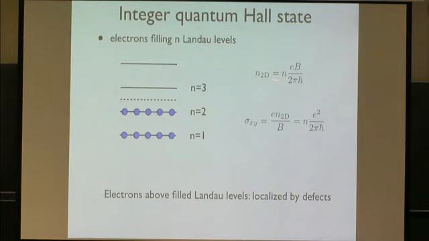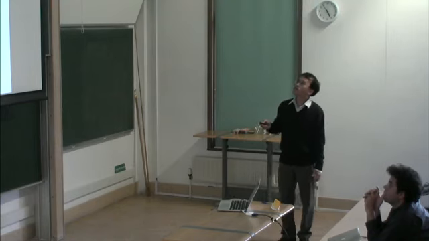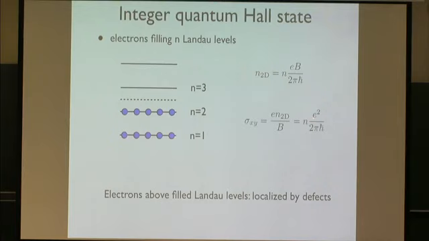If only these electrons contribute to the transport, then the density of these electrons will be proportional to the magnetic field, because the degeneracy factor of each Landau level is proportional to the magnetic flux. And therefore, from that you deduce that sigma xy should be equal to that quantized Hall conductivity times the integer.